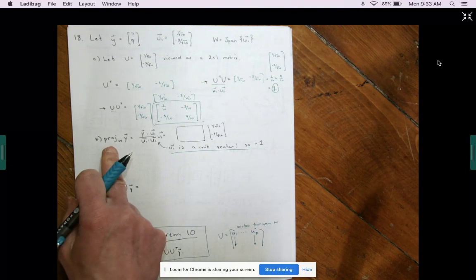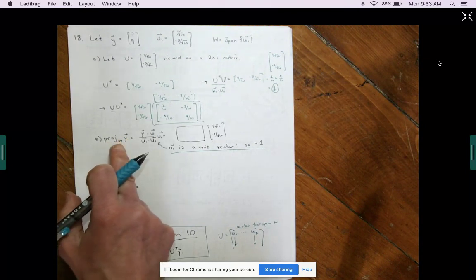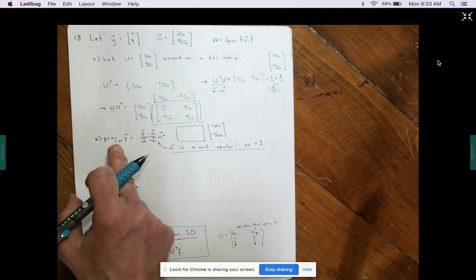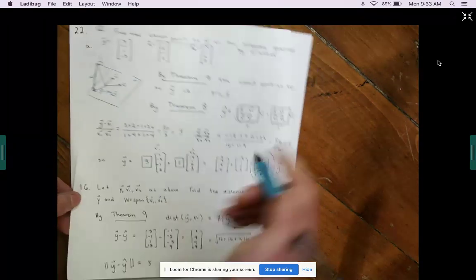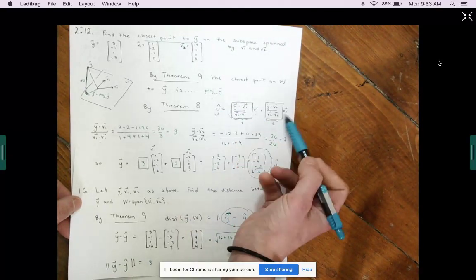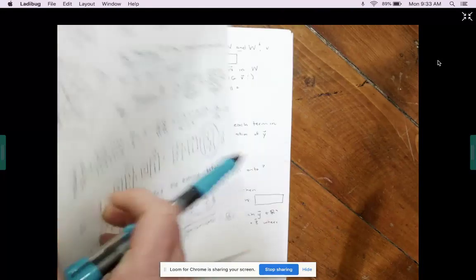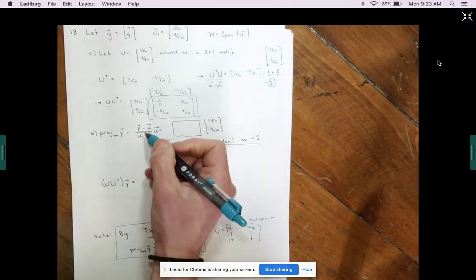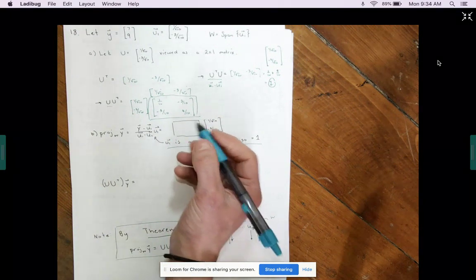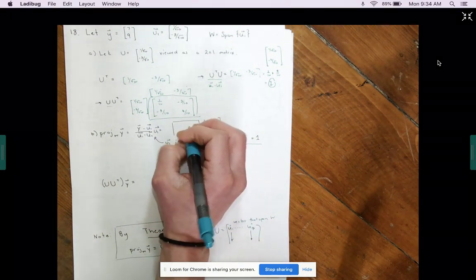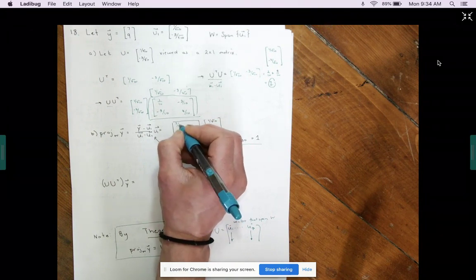Now looking at part B, it's asking me to compute the orthogonal projection of y onto W. And since W only has one vector, we saw from theorem 8, this is the formula. I only have one term because W is only spanned by one vector. So I do y dot u1, and I'm going to run through this quickly because the dot product, you should be pretty familiar with computing by now.